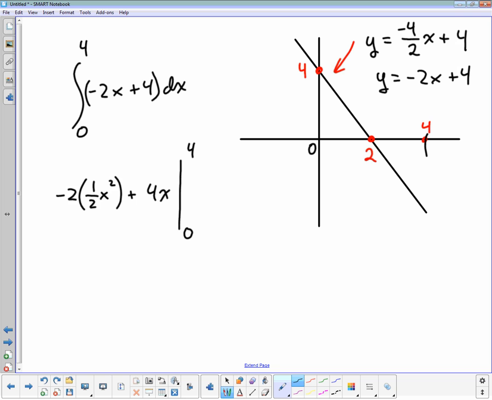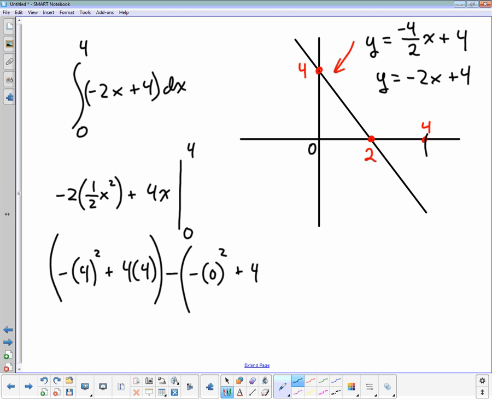So simplifying, obviously, this boils down to just negative x squared plus 4x. If I plug this in, I get negative 4 squared plus 4 times 4, minus negative 0 squared plus 4 times 0, which yields negative 16 plus 16, which is 0.